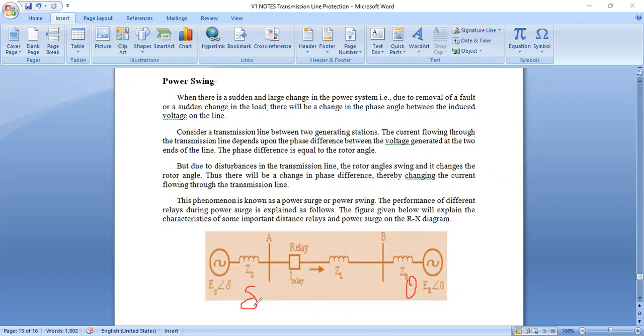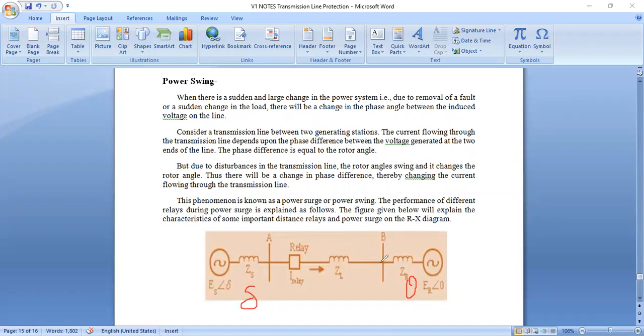That means the induced EMF ES is at an angle of delta and ER is at an angle of 0, at the sending end and the receiving end. So the current in the system depends upon this particular angle.